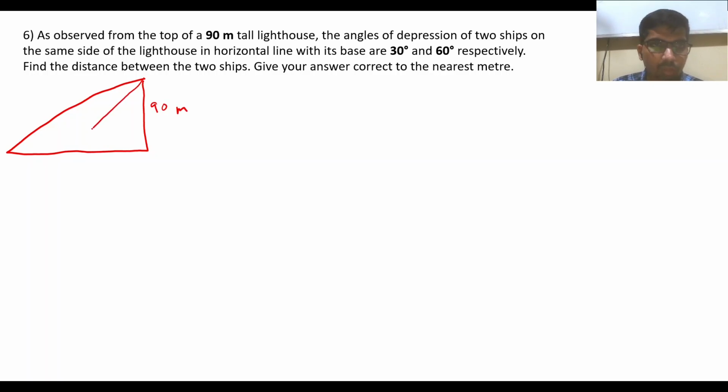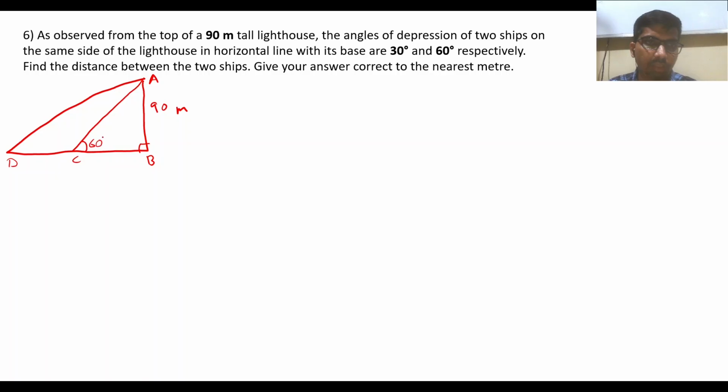It's over here. Now you tell me, this will be 90 degree. So the lighthouse AB, then C and D. Which will be 60, which will be 30? The ship closer to the lighthouse will be 60 degree and the ship away will be 30 degree. Why?